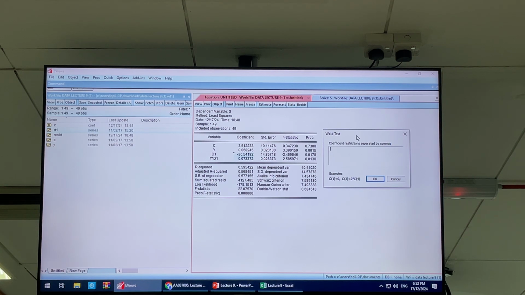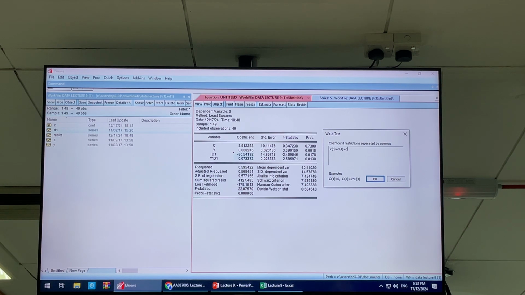I haven't marked the answer yet. So we need to test the coefficients for beta 2 and beta 3, which are coefficient number 3 and 4, based on the order. So coefficient number 3 and 4 equal to 0.